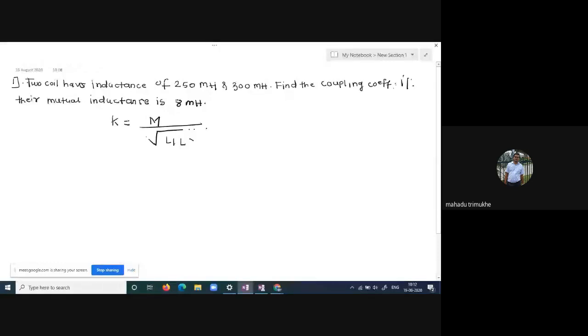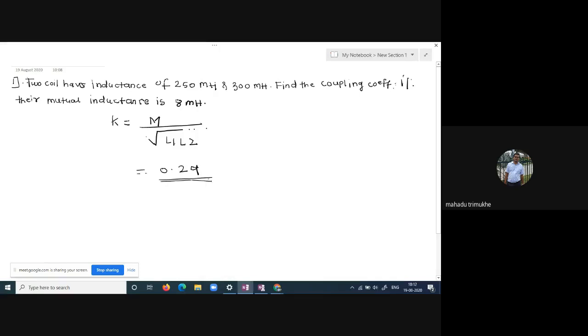So now tell me what is K. We know it is 0.29. Yes, exactly. 0.29 is the coefficient of coupling.